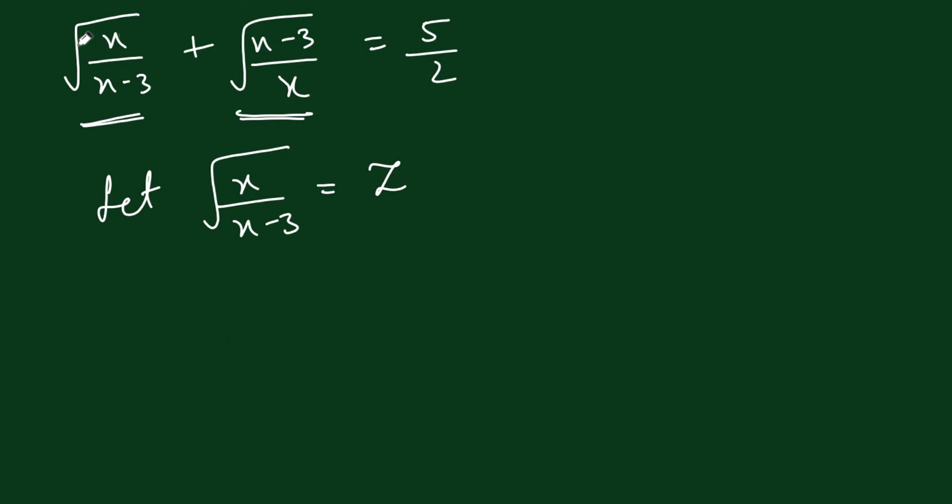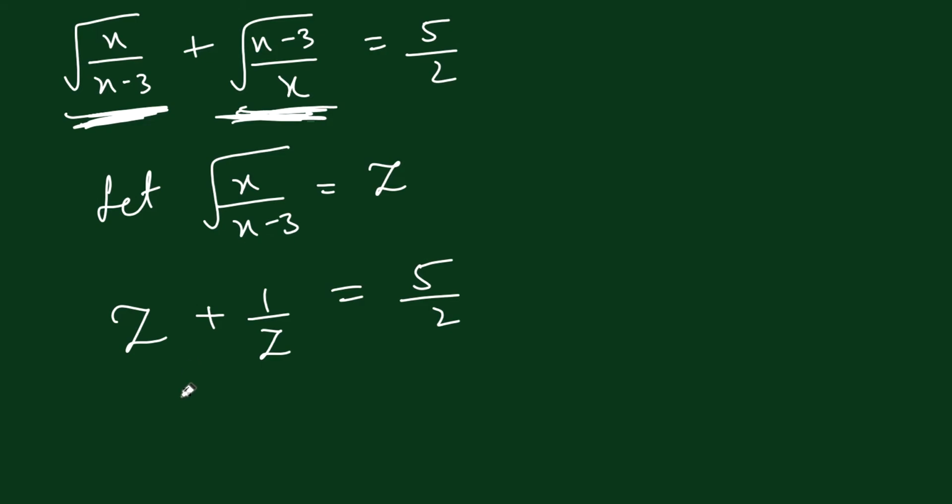Okay, so if root of x by x minus 3 is z, then what will be the reverse of that? x minus 3 by x, then it will be 1 by z, right? These two are reverse to each other. If I'm taking this as z, this should be 1 by z is equal to 5 by 2, because reverse of z is 1 by z, like reverse of first term is here given this.